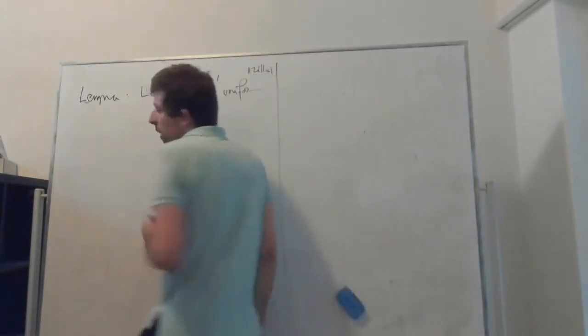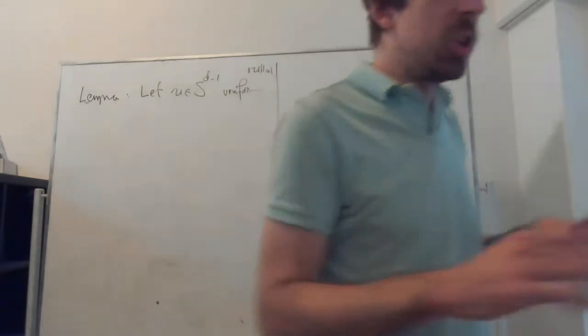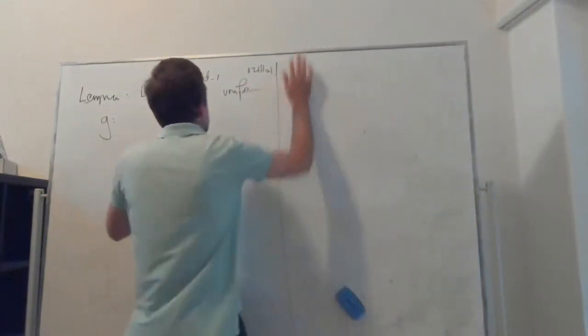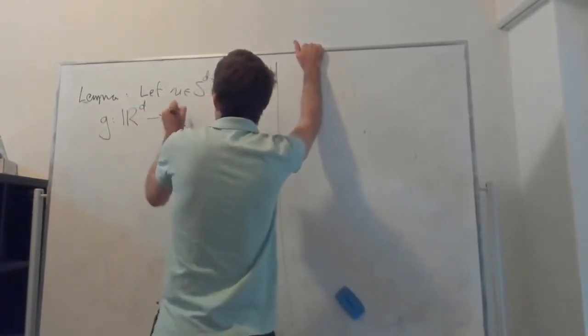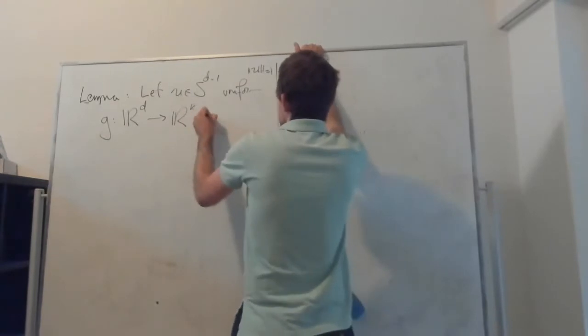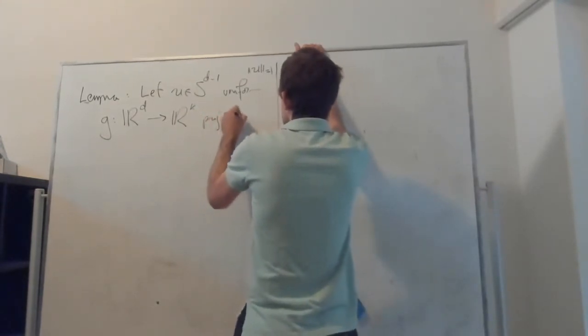So I'm just going to take a map G, which is going to be the projection from R^d to R^k on the first k coordinates.